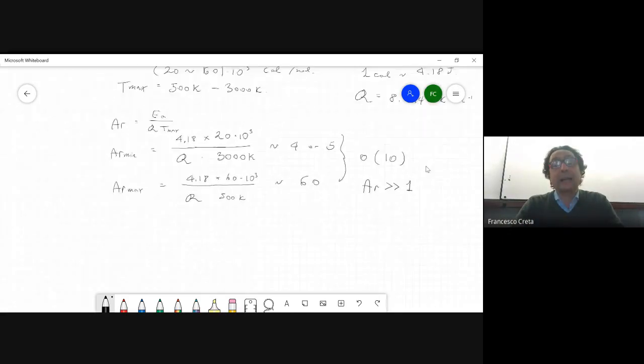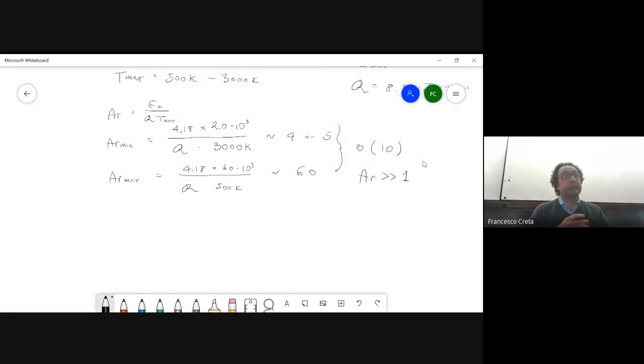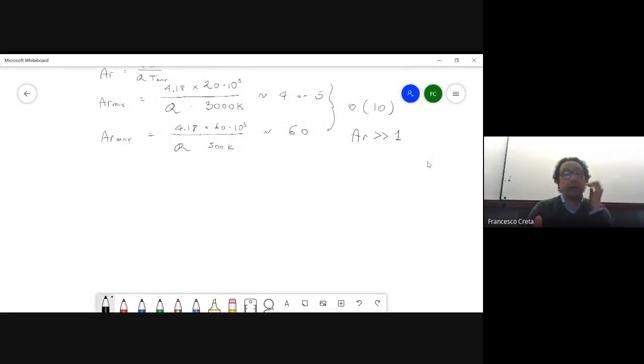So the activation energy, which is essentially the energy that must be supplied, is a larger number than the average thermal energy that you have in your system. But mathematically, it means something very important.